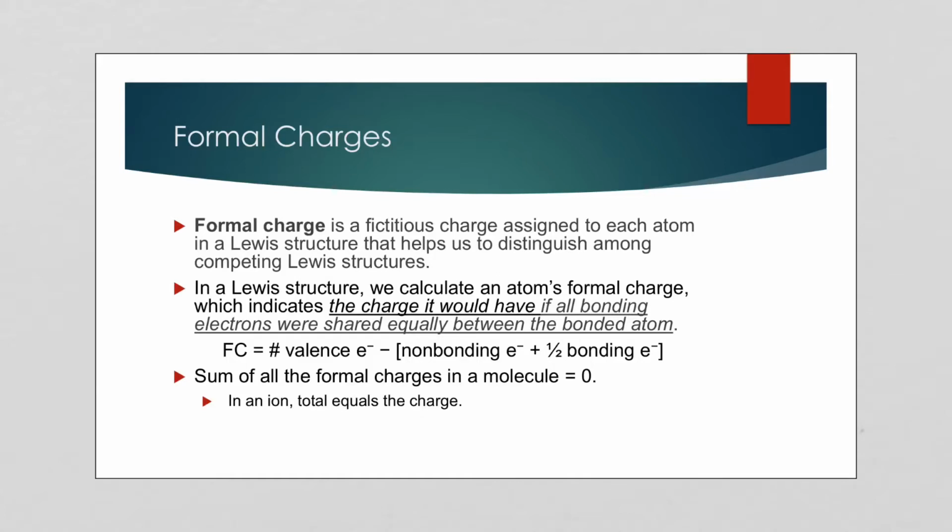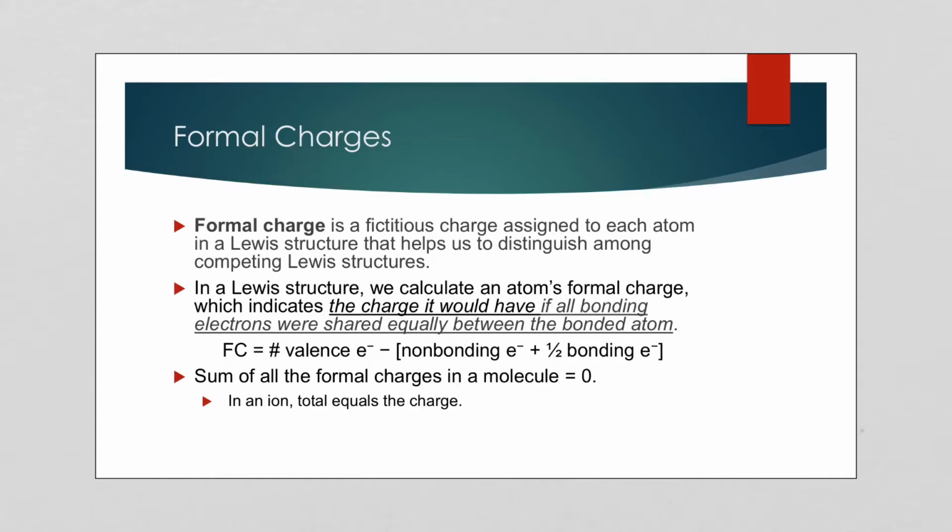So the way we calculate a formal charge is that we take the real number of valence electrons that an atom will have. We do this for each atom in the structure. And we take the valence electrons and we subtract the non-bonding electrons and half of the bonding electrons. We only do half of the bonding because we're assuming that they're equally shared.